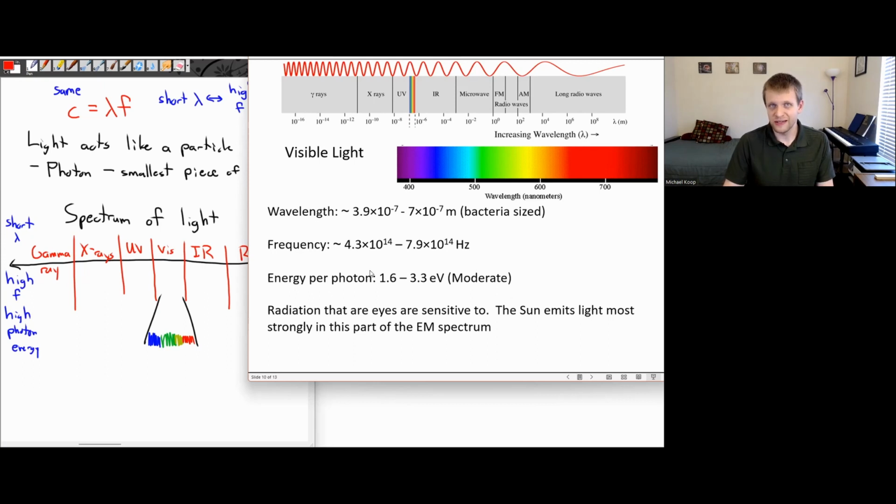Visible light doesn't cause the same kind of damage to our cells that gamma rays have, because visible light and longer wavelength forms of light, like infrared and radio waves, don't pack enough punch per photon to cause the same kind of biological damage that things like gamma rays, X-rays, and ultraviolet light cause. Even though we call all of these different parts of the spectrum electromagnetic radiation, it doesn't necessarily mean that all of it is harmful to us.